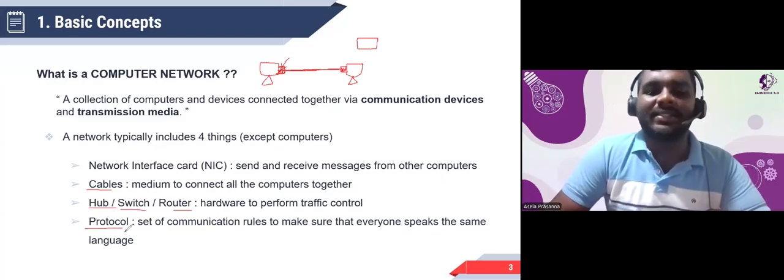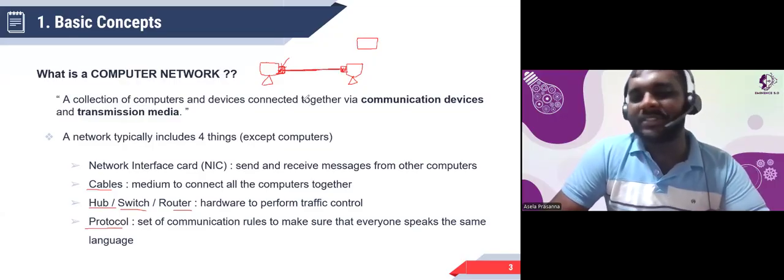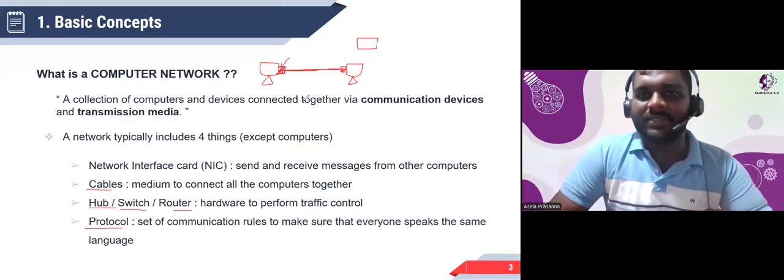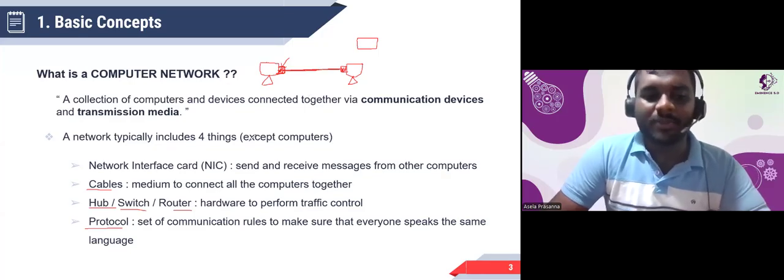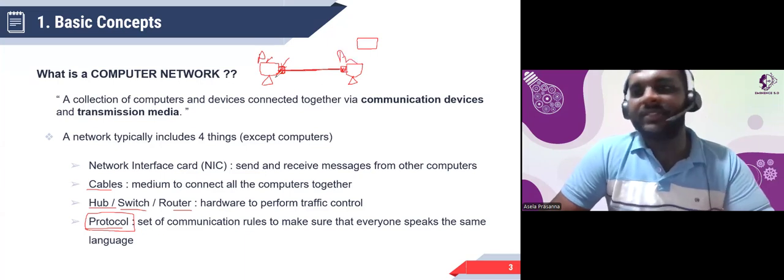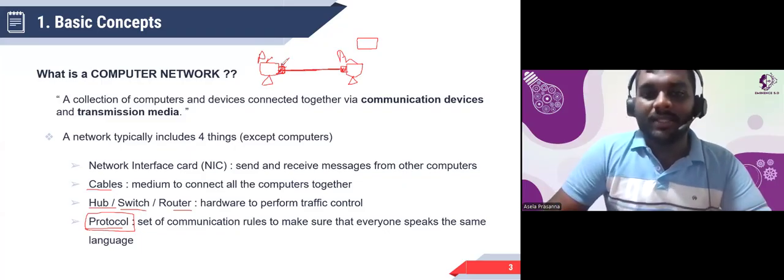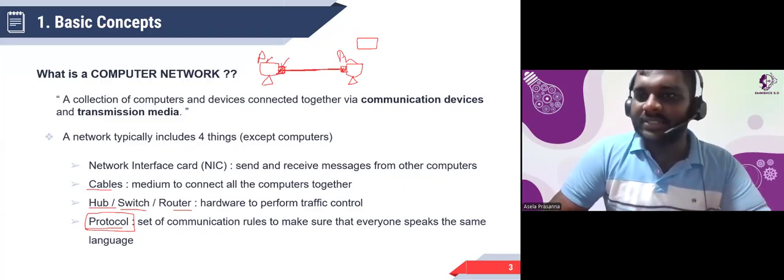Then the other thing is protocols. Protocols are simply like the language for humans to communicate. If two humans are communicating, we need a language. In the same way, a protocol means how computers communicate. If the same language or protocol is used by this computer and this computer, then it is universal, and the computers can easily communicate because each knows what the other is telling.